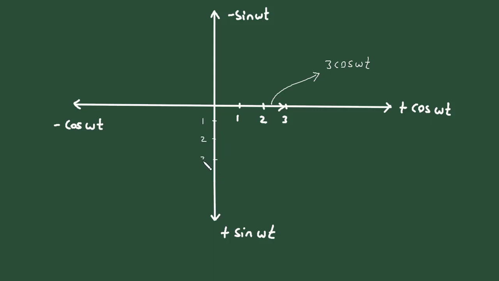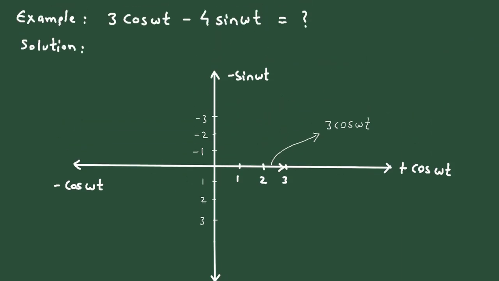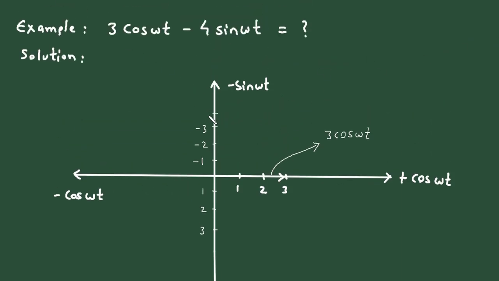This is in positive direction, and in negative direction it will be minus 1, minus 2 and minus 3. This is minus 4 and we want minus 4 sin omega t.